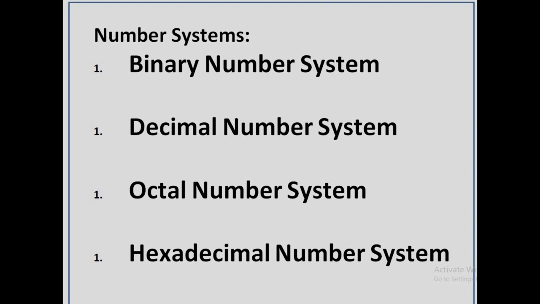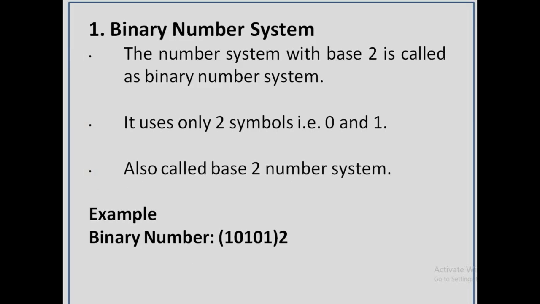Now move towards number system. In number system we have to see 4 number system: binary number system, decimal number system, octal number system and hexadecimal number system. So we will see one by one all the number system. So first number system is binary number system. The number system with base 2 is called as binary number system.